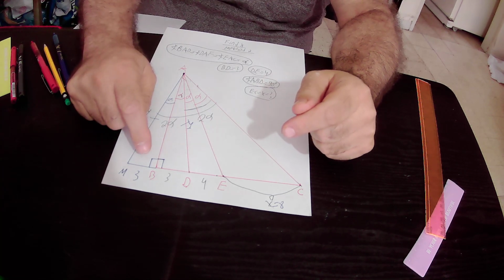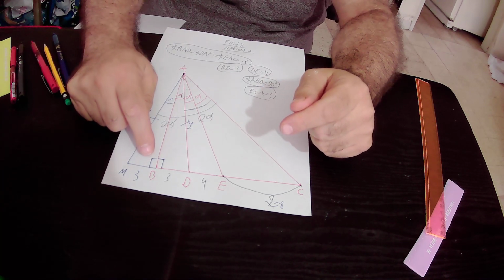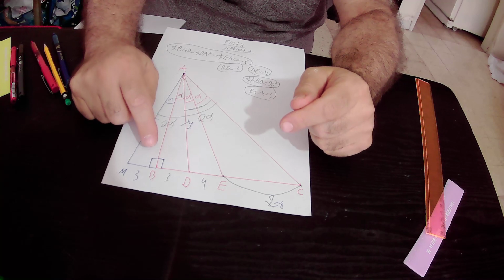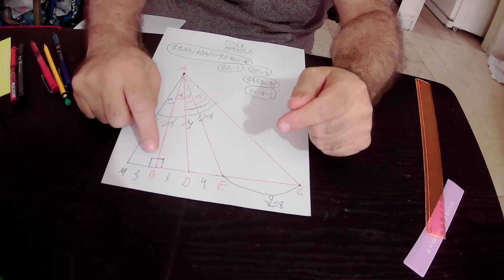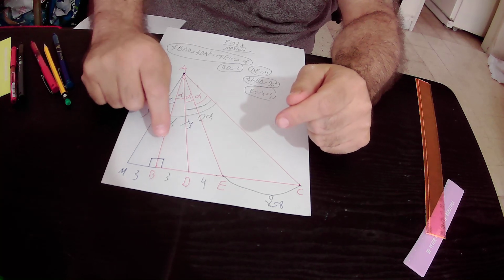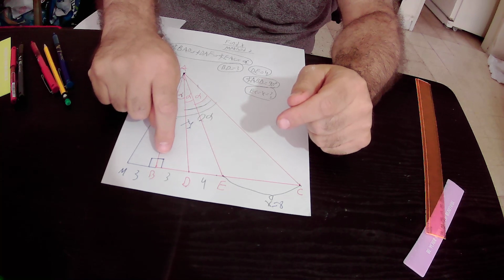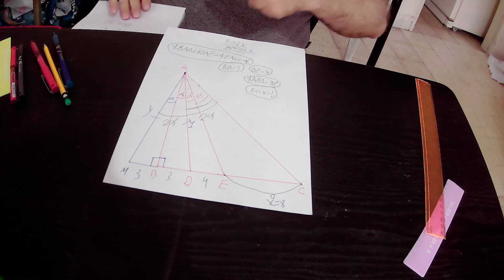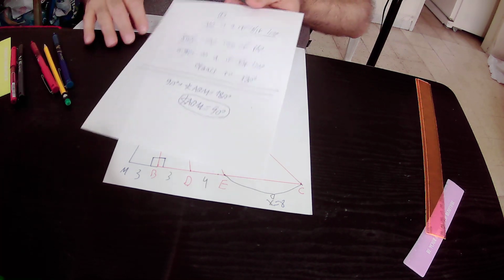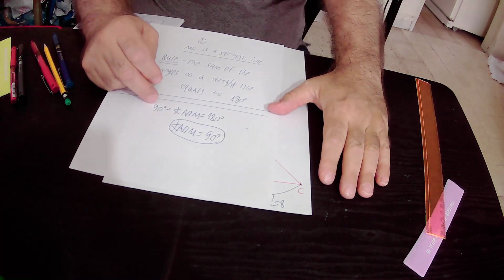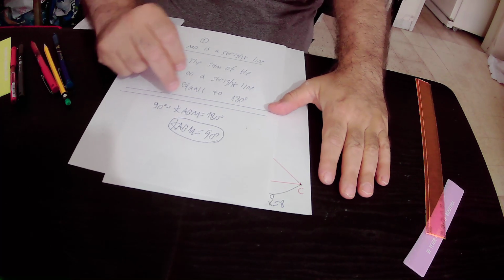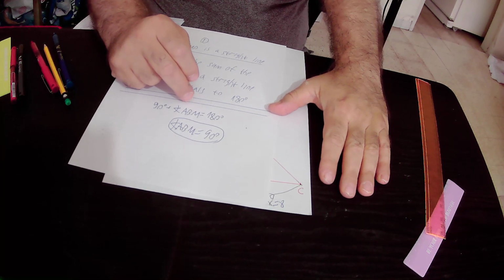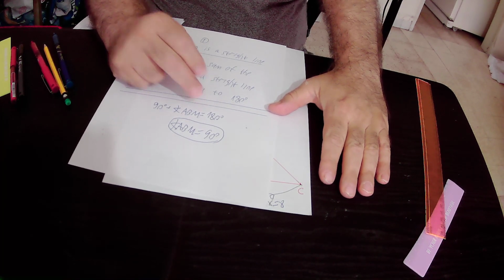So in the straight line MD at point B, the sum of the angles must be equal to 180 degrees. So here, what angles do we have at point B? We have 90 degrees plus the size of angle ABM must be equal to 180 degrees.